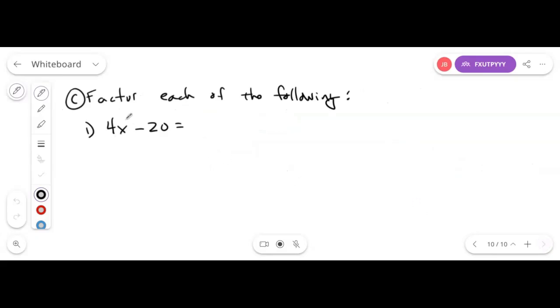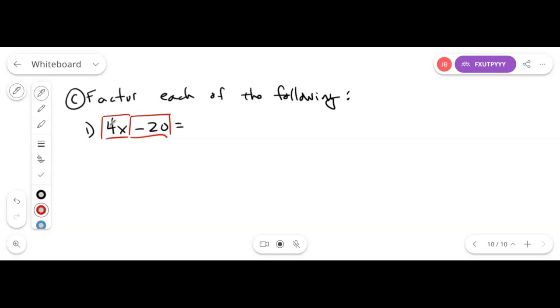So I have 4x minus 20. I need to know what can I divide into 4 that I can also divide into 20.